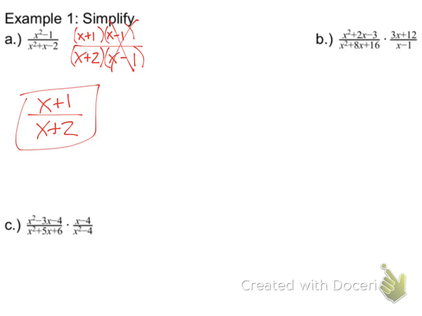The next one is x squared plus 2x minus 3 divided by x squared plus 8x plus 16, times 3x plus 12 all over x minus 1. These follow the number 1 rule, part A, where it says follow your exponent rules after you factor everything.